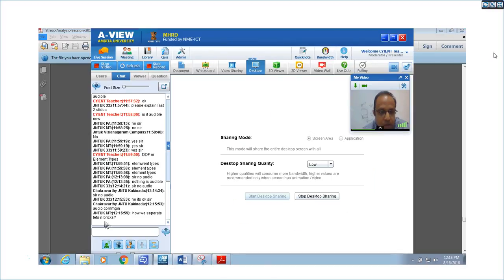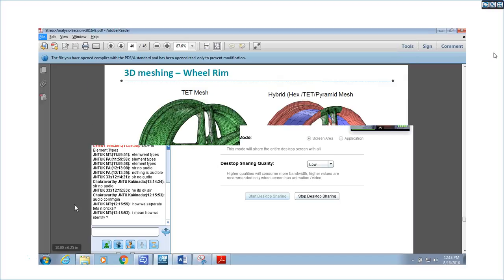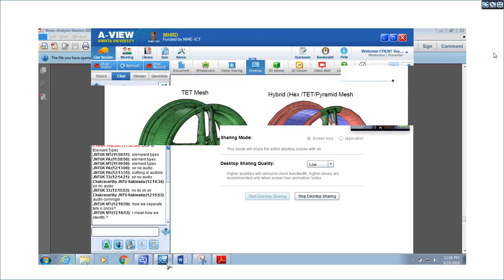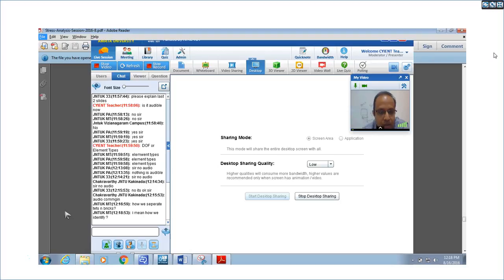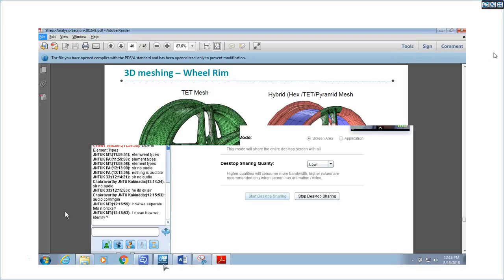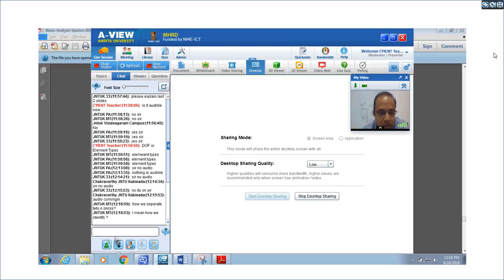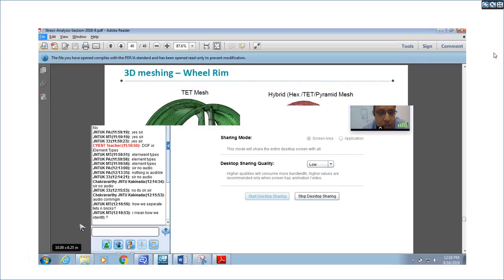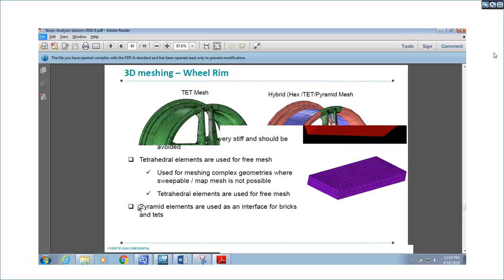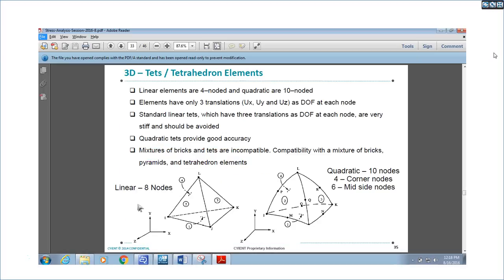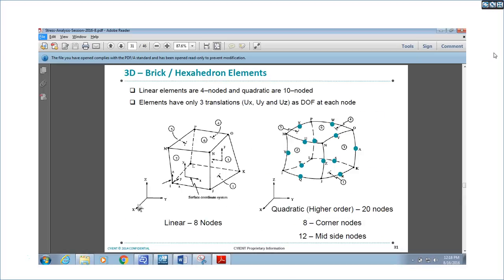How we separate tets and bricks. I mean how we identify. Okay. How we separate tets and bricks. So it's very easy to identify, right? Tets and bricks. So bricks all have quad faces.